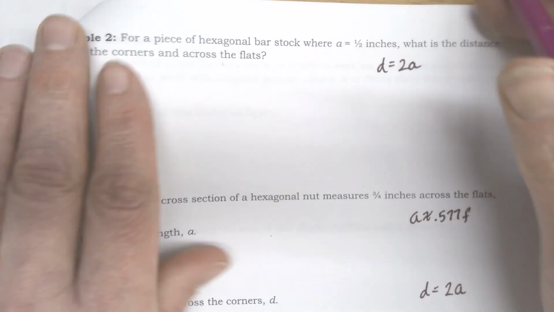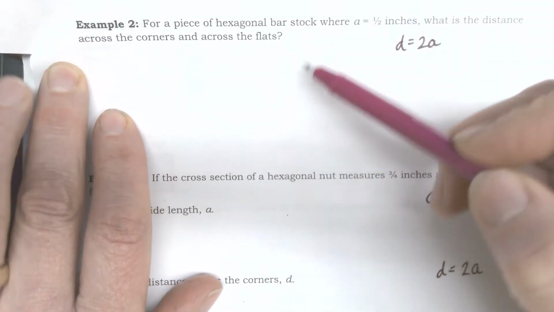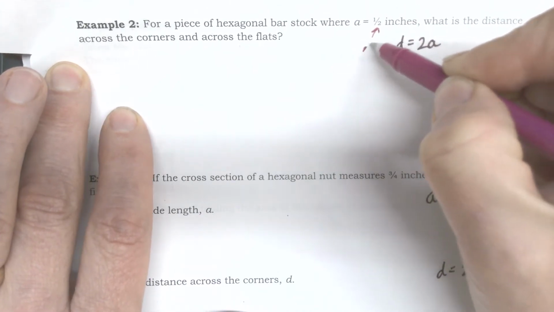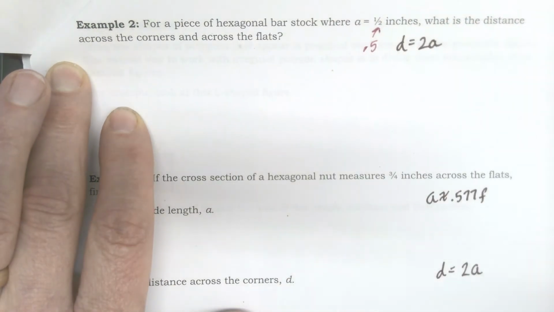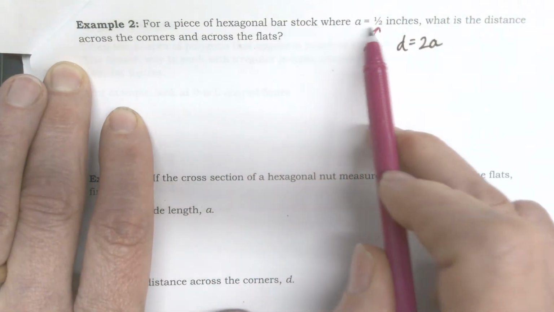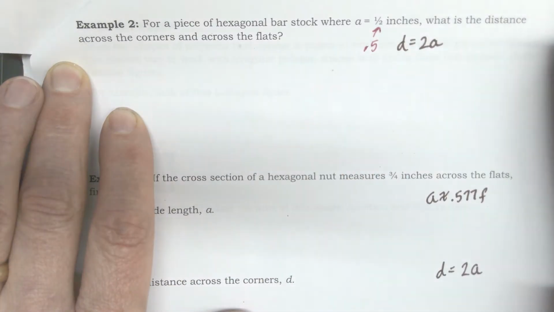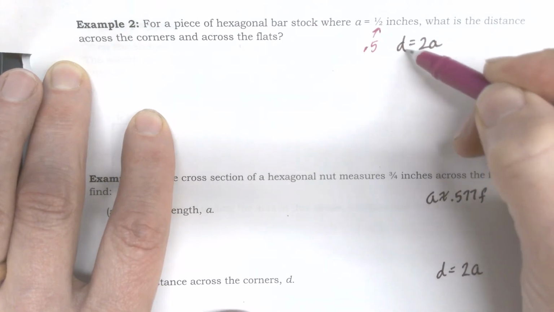This is the one I wanted to do, sorry about that. This one gives me A and wants me to find the distance across. What I typically do for these is I'll just convert that into a decimal. So I would be using 0.5. For a piece of a hexagonal bar stock, A is a ½ inch. What is the distance across the corners and across the flats? So I'd also need the flats too.